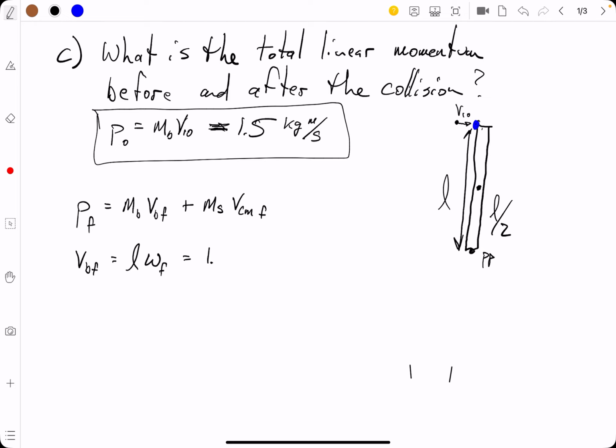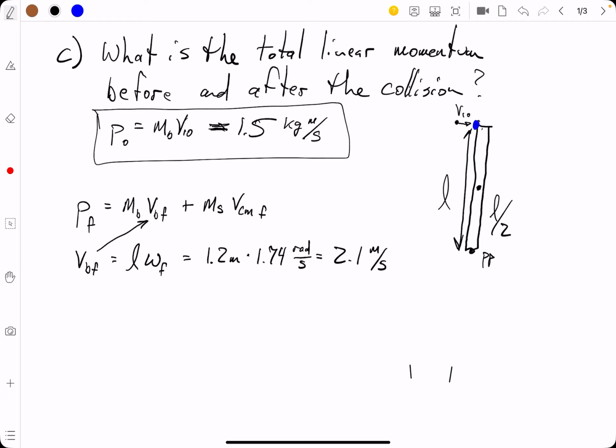So our length is 1.2 meters. We're going to multiply that by 1.74, and we're going to end up with radians per second. We're going to end up with our 2.1 meters per second goes to radians, goes away. So we can put that in there.